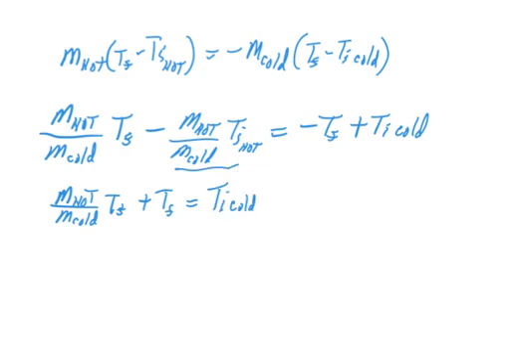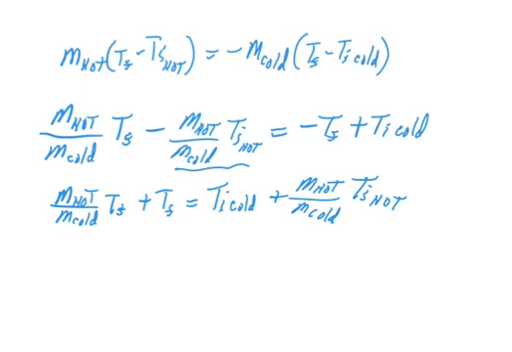And when I bring this term over, it's going to become positive M of the hot over M of the cold, T initial of the hot. Okay, and putting the numbers in, I'm going to give you a second, see if you can do that, and solve for T final.